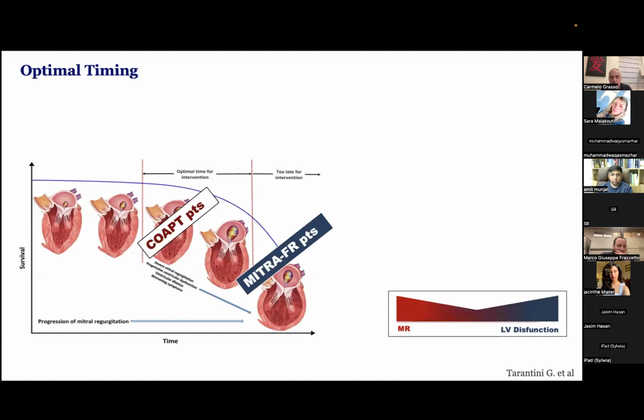So if we wait to treat the patient until they are a MITRA-FR patient, you will get no results in terms of survival. That's easy to understand, because if you have a very diseased ventricle, what drives the result for this patient is the LV dysfunction, and the mitral regurgitation treatment has a lower impact.